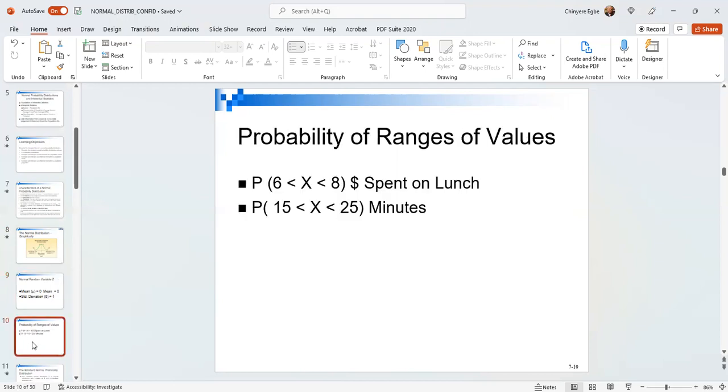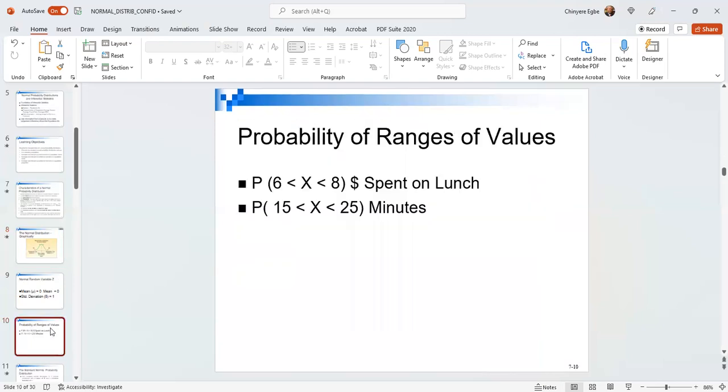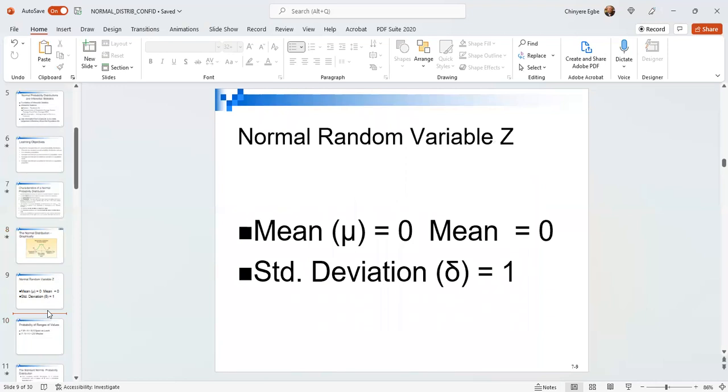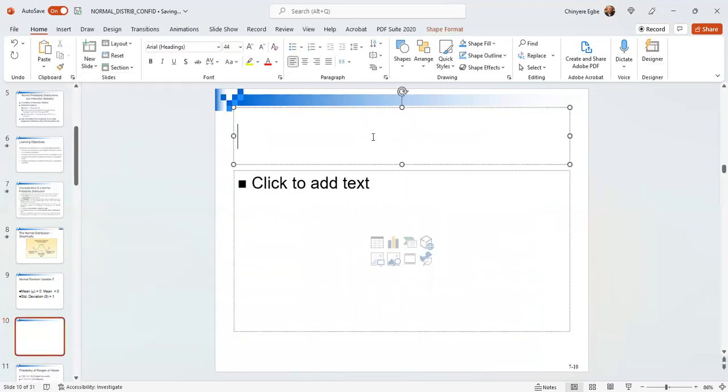Suppose we take a value, say at some point here, with z equal to 0 and the standard deviation equal to 1, and we ask ourselves some simple questions.